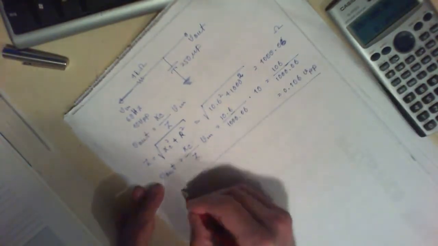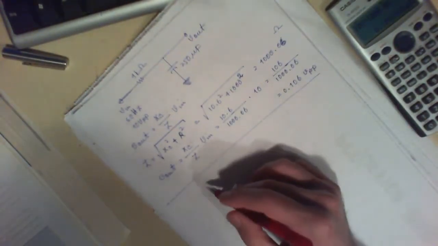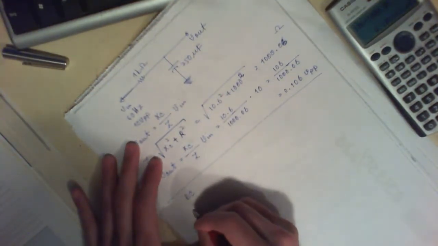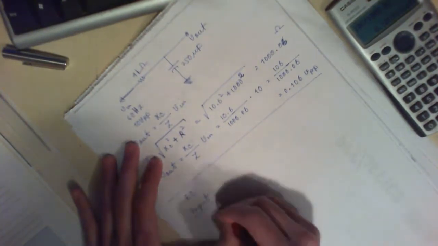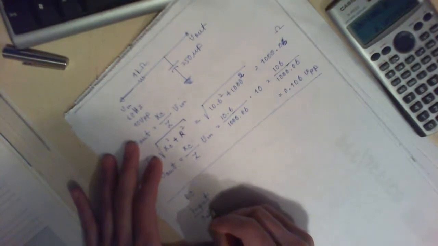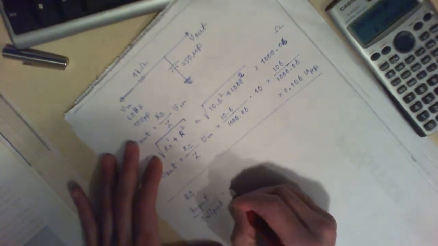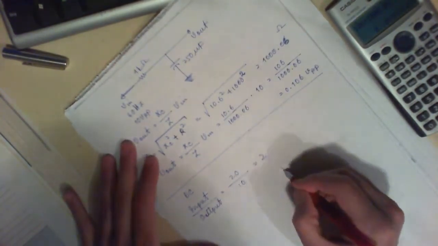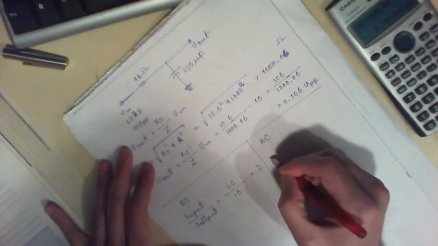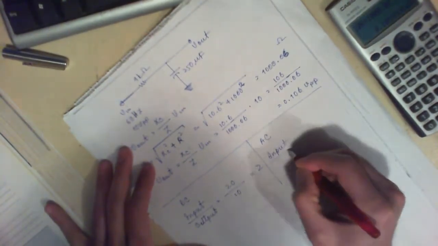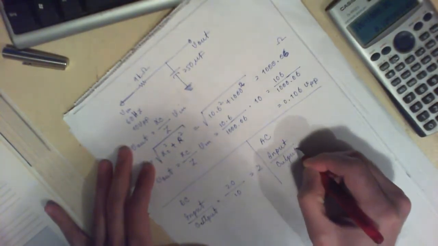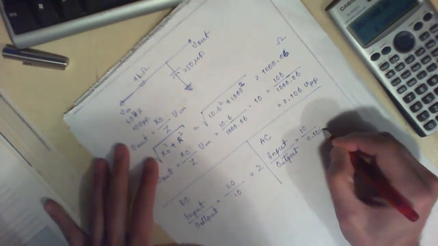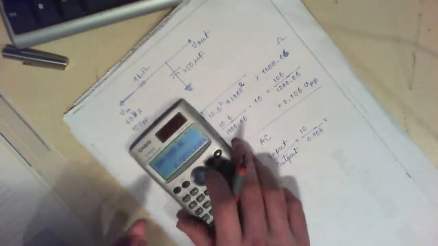So now the ratios that you have, the input to output ratios: when it comes to DC, your input to output is 20 to 10, which is equal to 2. And when it comes to AC, your input to output is equal to 10 volts peak to peak to 0.106 volts peak to peak, which is equal to 94.34, the same value really.